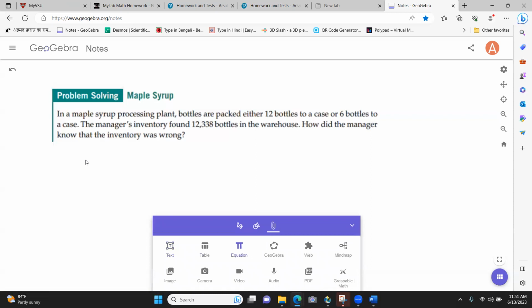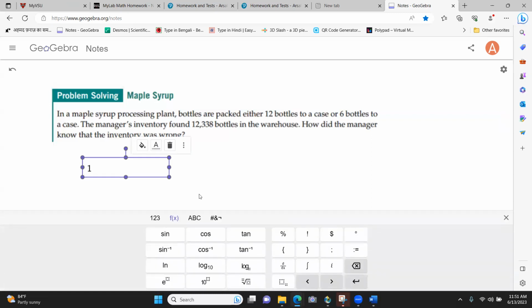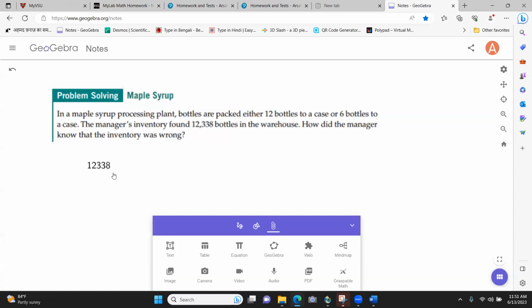So let's see if this number is divisible by 6. Now, I'm not going to use my calculator. Okay. 1, 2, 3, 8. Now, clearly this is even. This is divisible by 2. Right? 8 is divisible by 2, so is this number. Is this divisible by 3? Let's check.